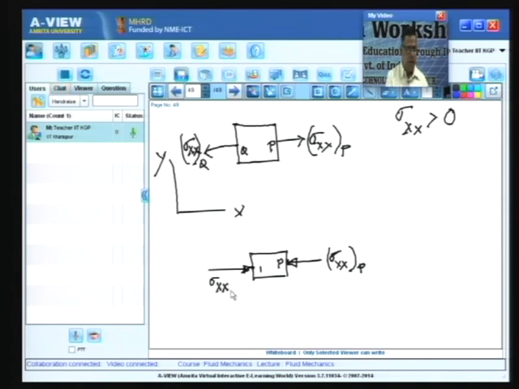So, this is your sigma x x of Q. This is the case when sigma x x is negative. Now, you see that the stresses are compressive in nature, because they want to push these two surfaces in. So, this is a tensile stress, and this is compressive.